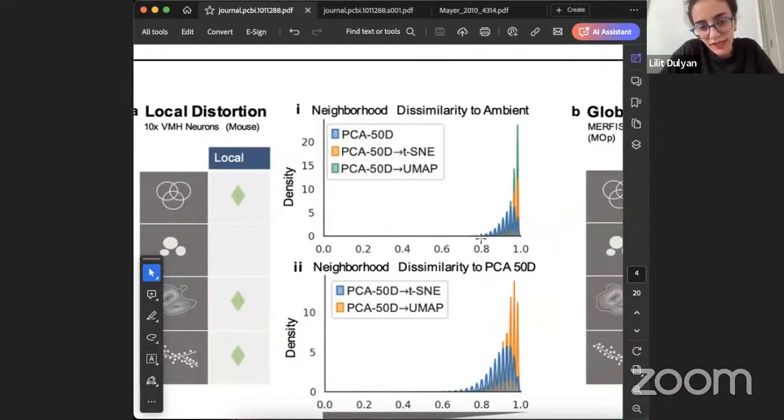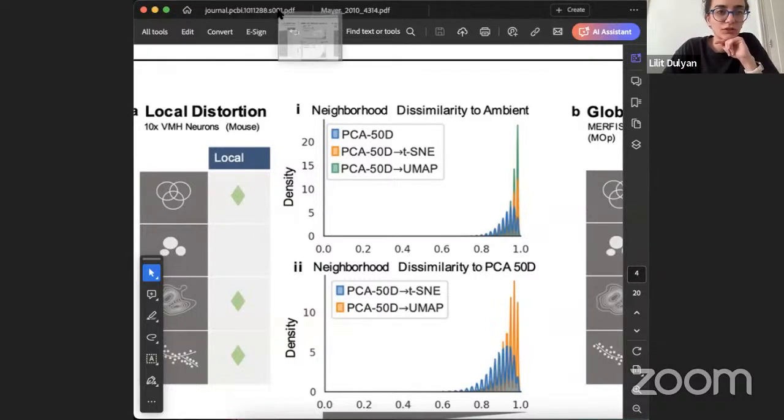Because we have the average Jaccard distance always greater than 0.8. Which means that the local structure in the ambient original space is not preserved in those 3 embedded spaces.